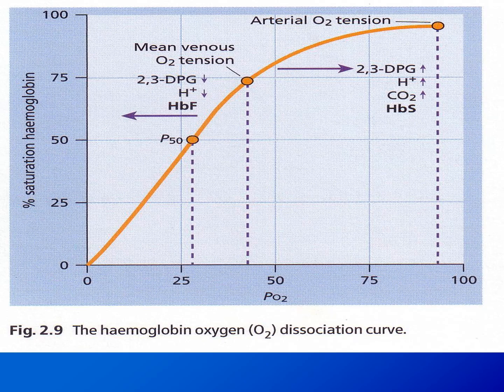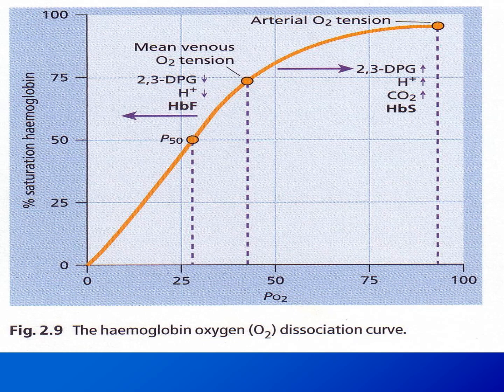Acidosis, increased 2,3 DPG, increased carbon dioxide, and hemoglobin S will shift the curve to the right, and this will make the oxygen delivery better to the tissues.